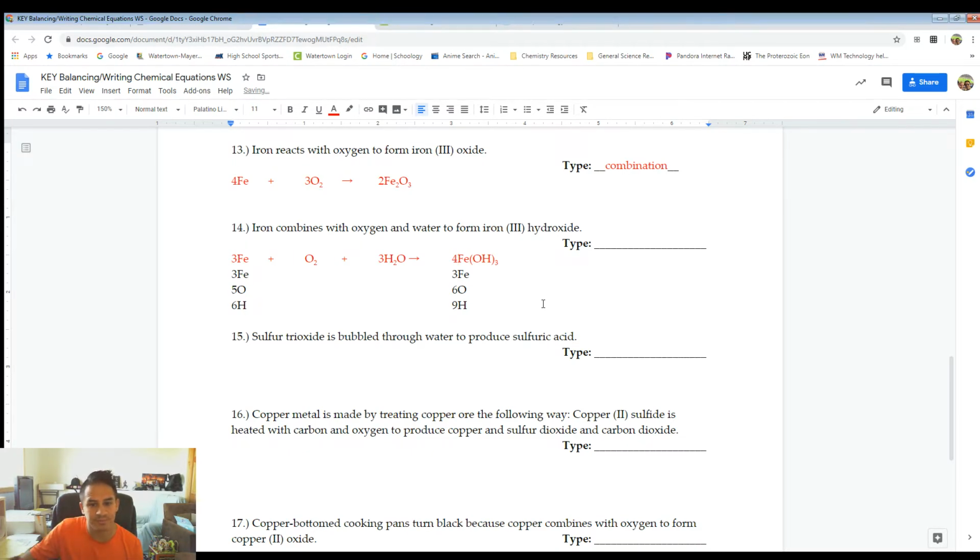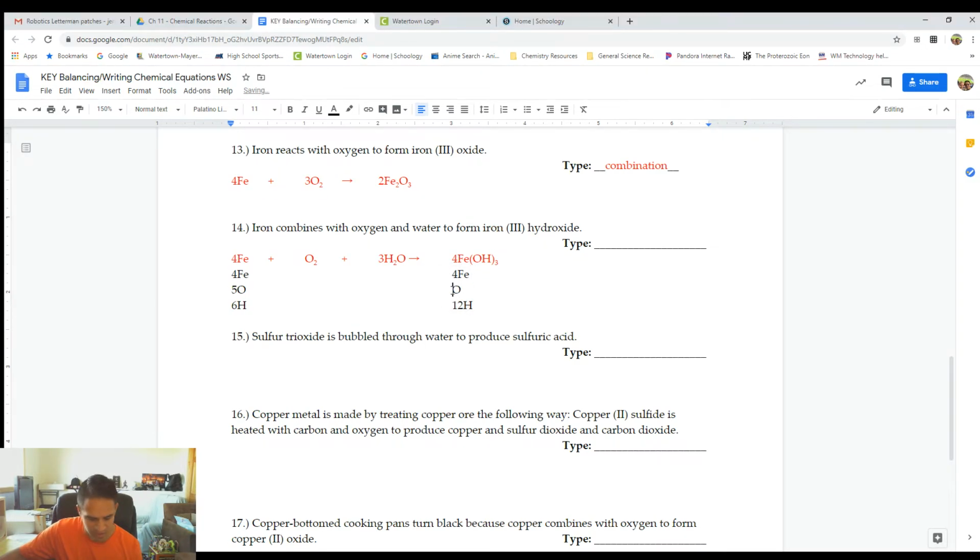Let's try 4. So that gives us 4 irons. So change these. This is now 3 times 4. 3 times 1 is 3 hydrogens, times 4 is 12 hydrogens. As for oxygen, we have 3 times 1 times 4.